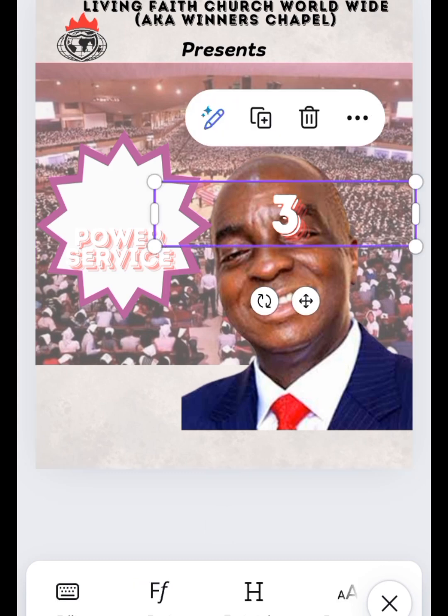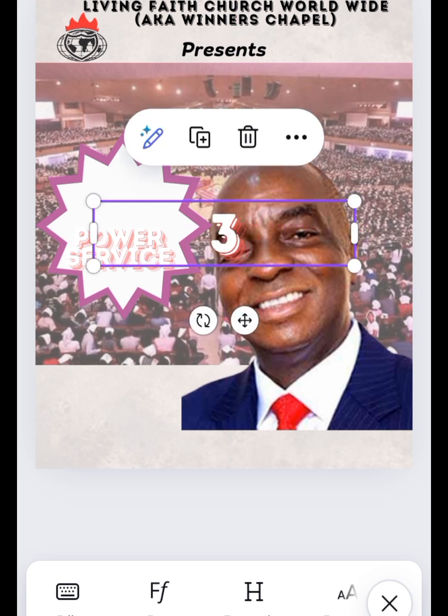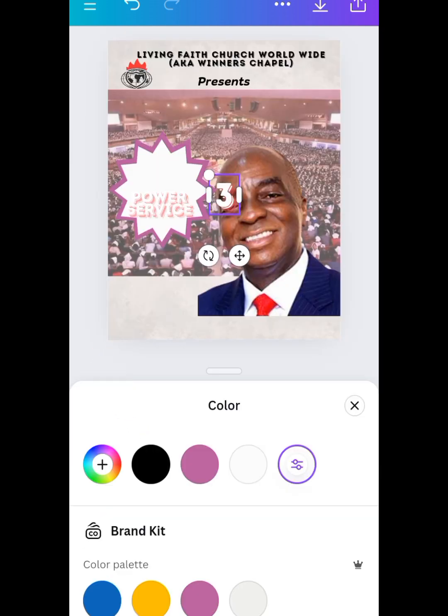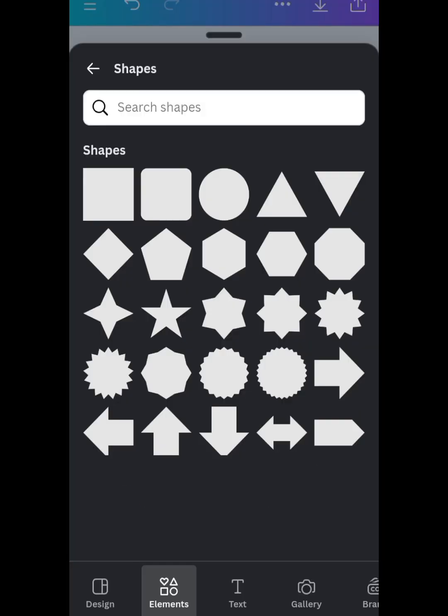So I want to change this "three" to be black. But first I have to adjust the three. I want to make it bigger. I want to change the color. So I've clicked on black, and it's now black. Same thing with the power service as well. So this is three power service. So I'll be clicking on the power service as well, and also I'll be changing the color.